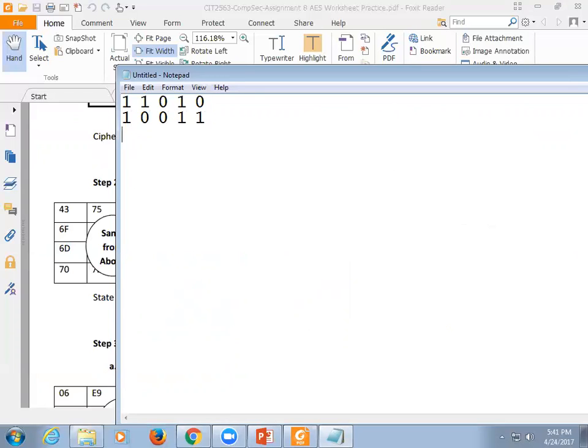XOR is one or the other, but not both. So 1 and 1 gives me what? 0, because it's one or the other, but not both. Since they're both 1, the result is a 0.